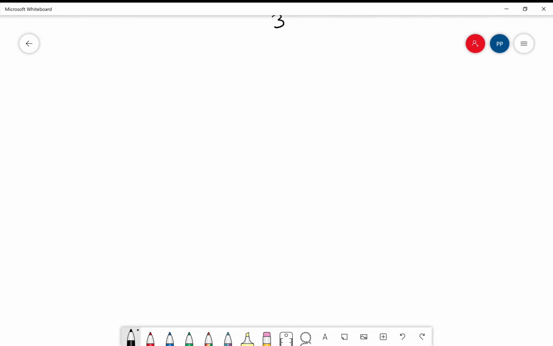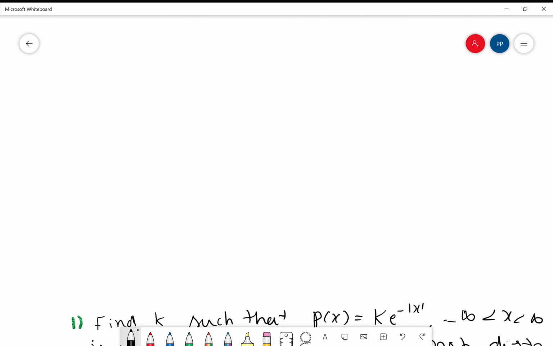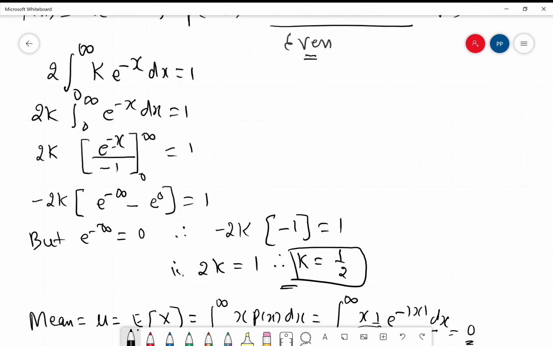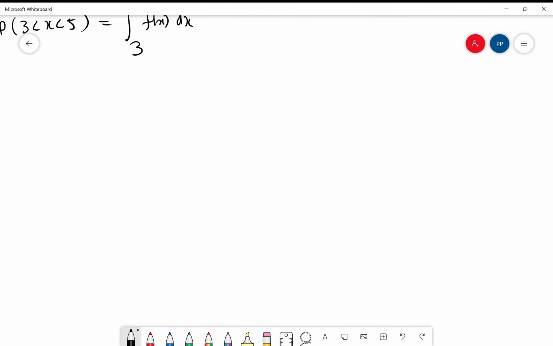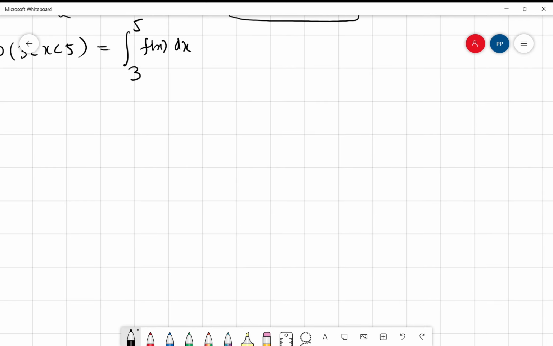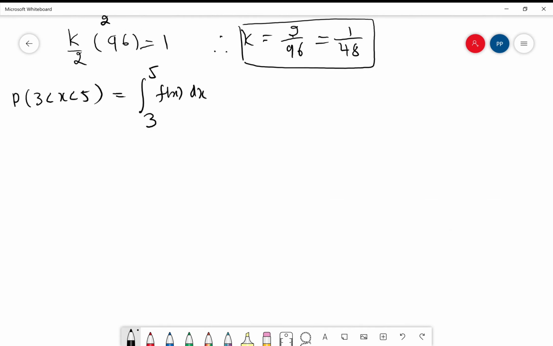So therefore, the value of the function here is just k into x plus 3, and we have got that k as 1 by 48.